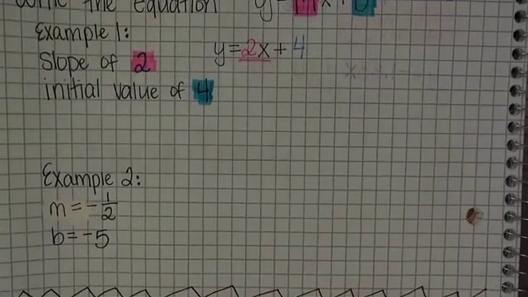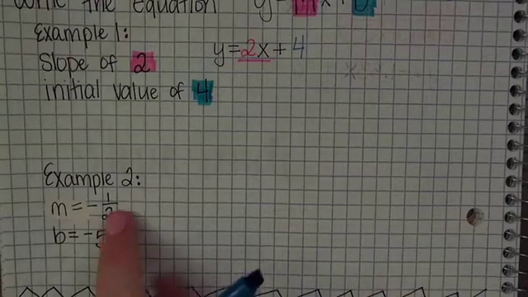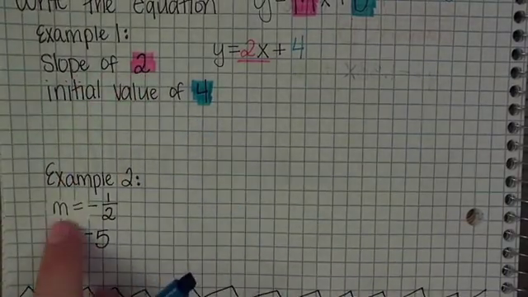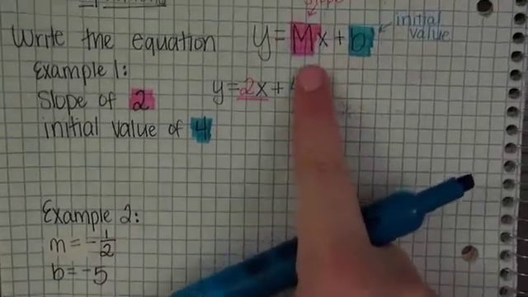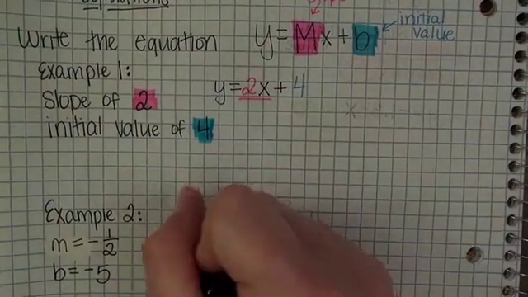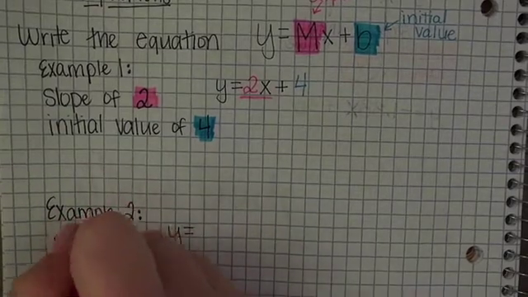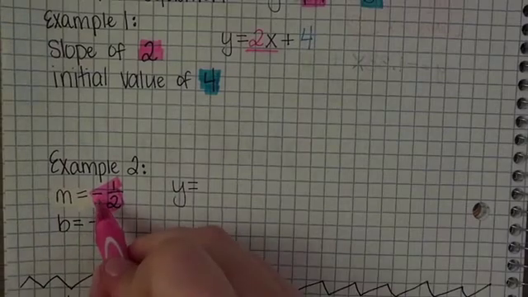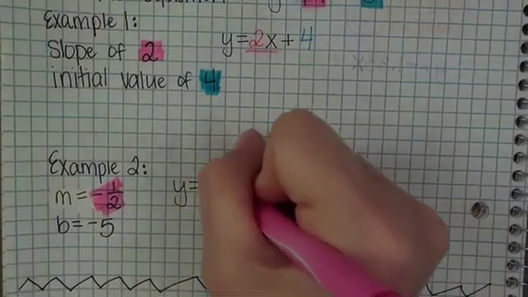Okay, sometimes they will give you an example where there are negatives, or instead of writing out the word, they will just give you the letter, so like m equals. So again, the m is just the number that goes with x, so then it would be y equals, this goes with x, so notice it's negative, don't forget that negative, so you'd put minus 1/2.